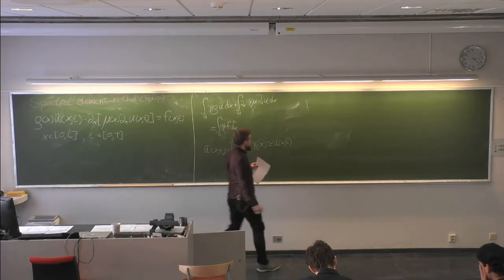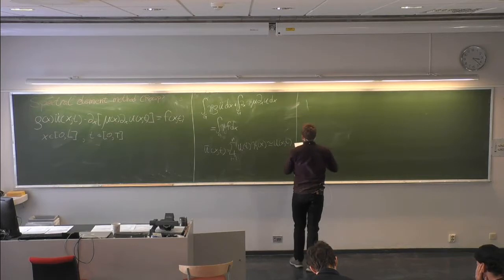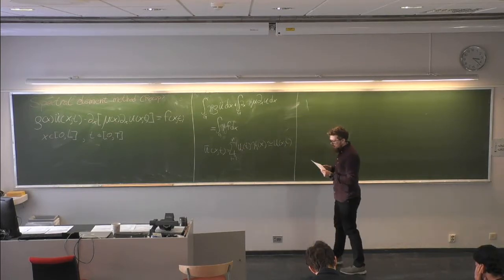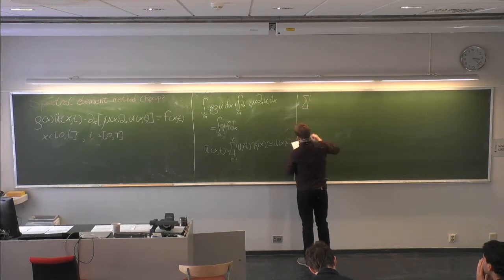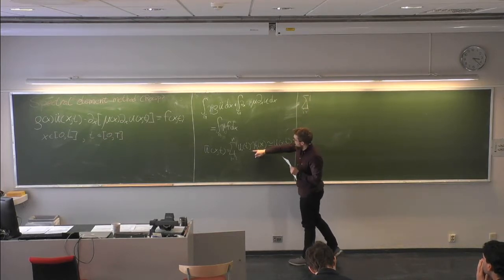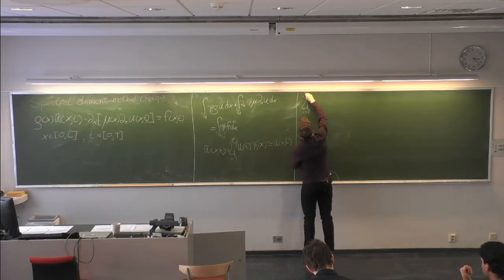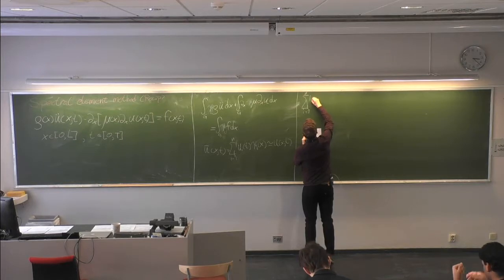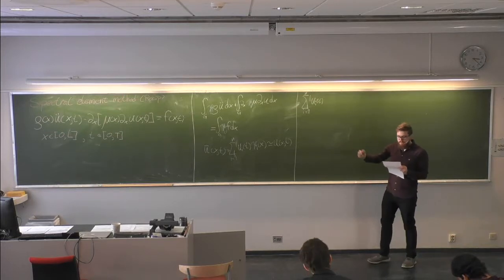Inserting this into the weak formulation, we have to sum over all of the basis functions, i equals 0 to n. Since u_i of t is just temporal now, we can move it outside of the integral.